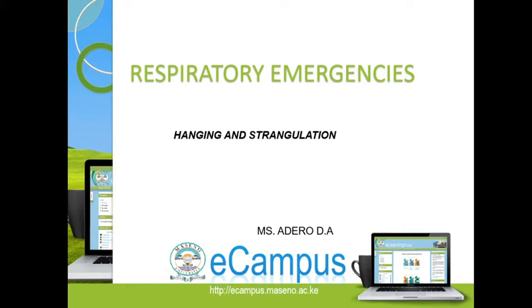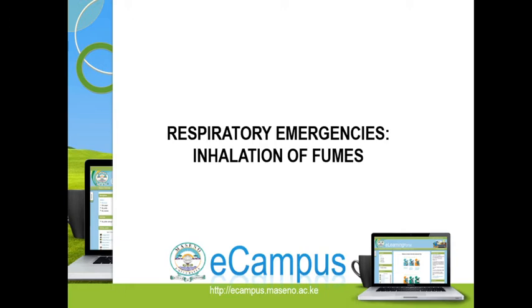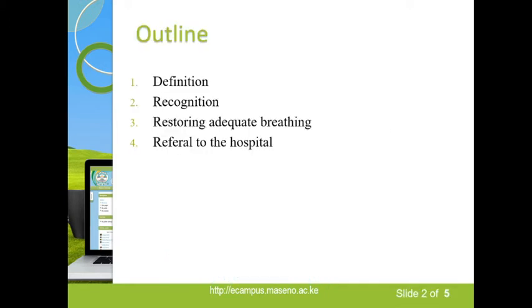I want us to start off with hanging and strangulation, of which we are going to look at its definition, how to recognize it, how to restore adequate breathing in a person who has been found in such a situation, and the process of referring such a person to the hospital or to the nearest hospital.